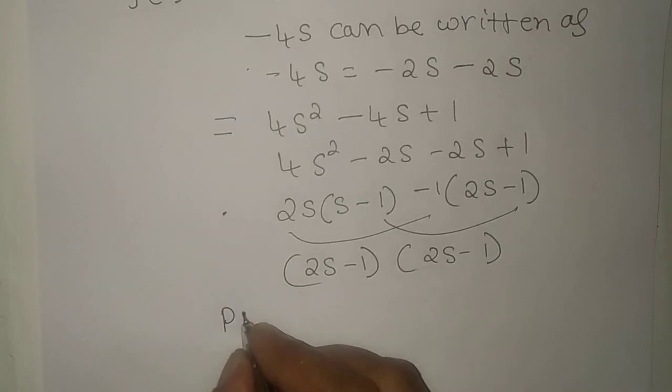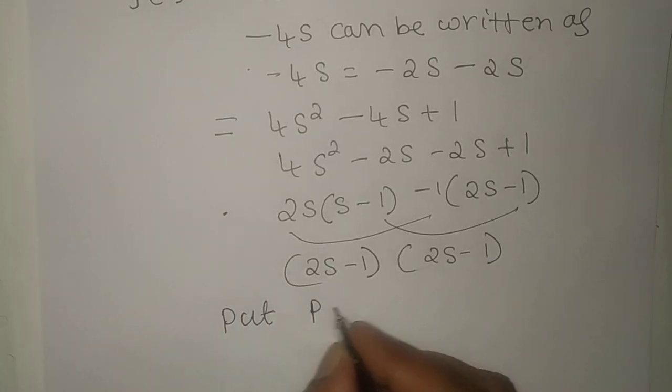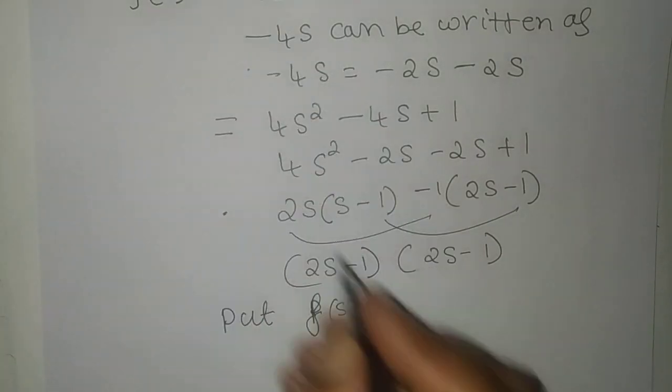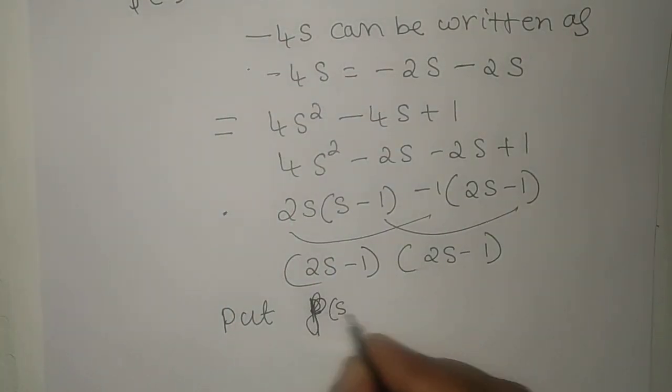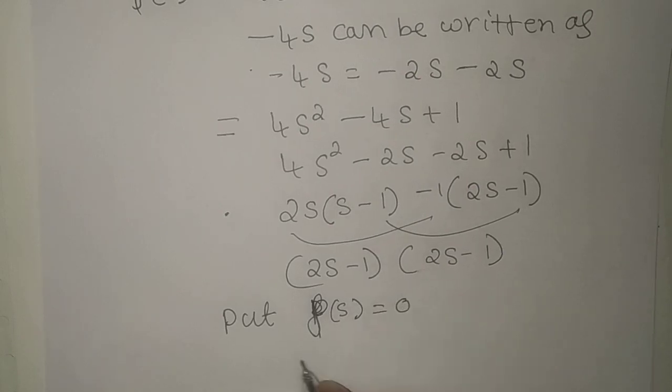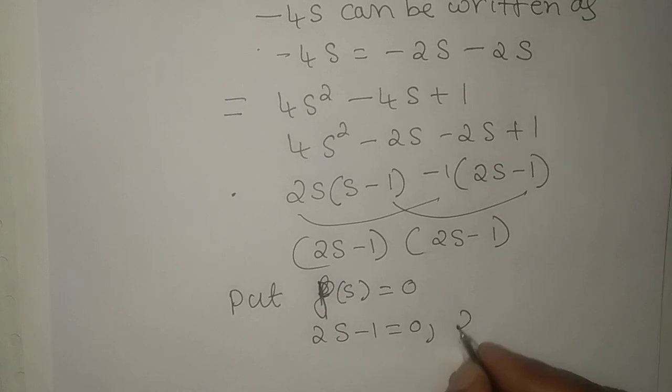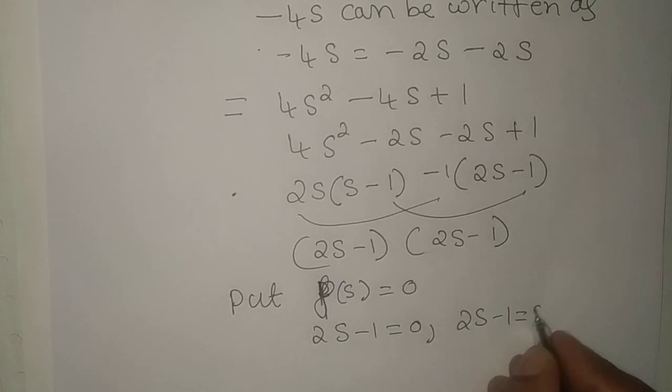Then put p of s is equal to 0. Now we get 2s minus 1 is equal to 0 and 2s minus 1 is equal to 0.